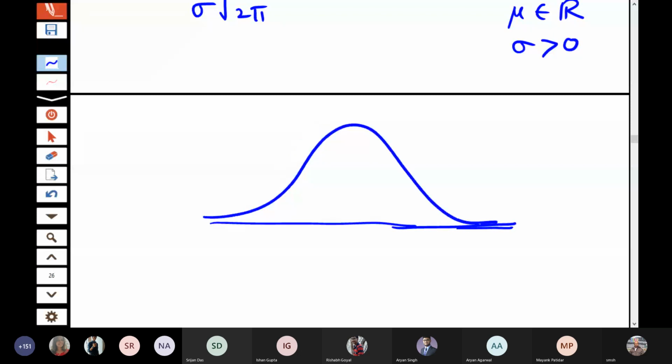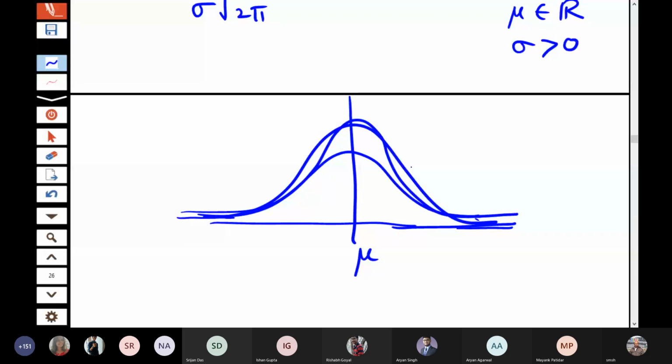Okay, so it is symmetric around mu. And as sigma increases, the shape will flatten more. And as sigma decreases, it will concentrate more. So different types of shapes are possible, depending upon the value of sigma here.